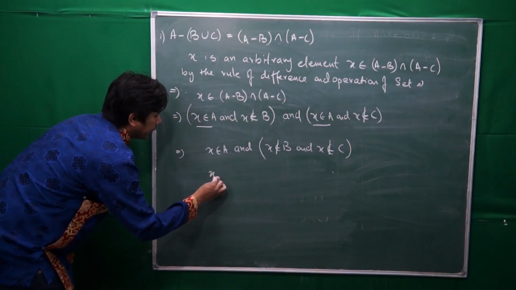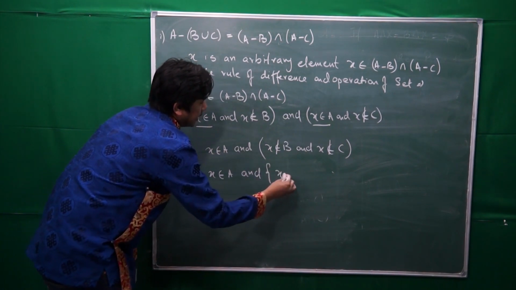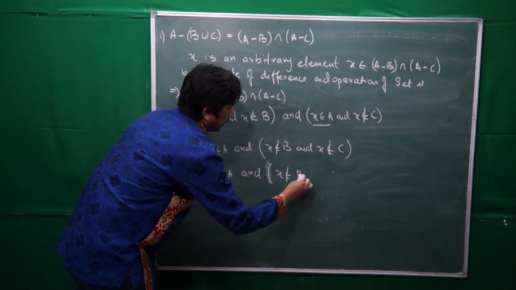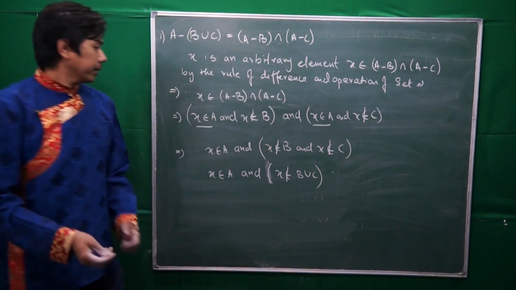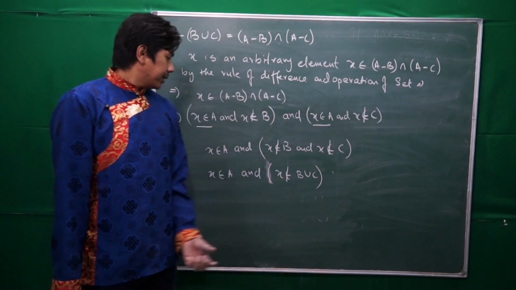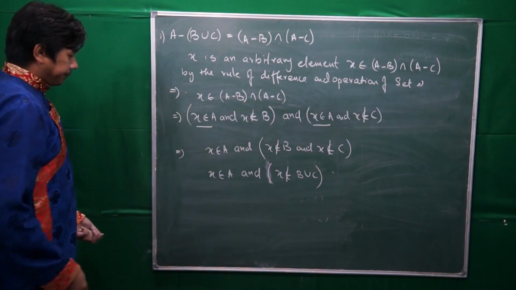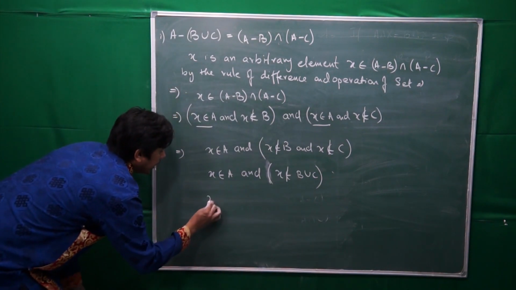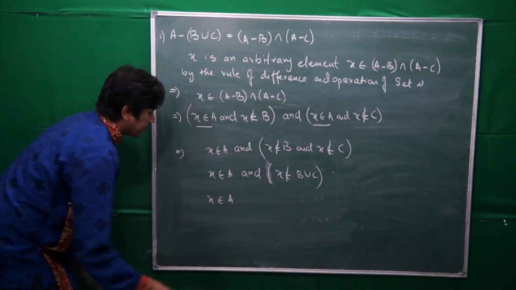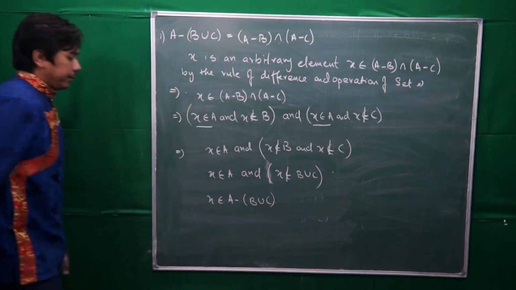Okay. So how do you combine it? X belongs to A and X does not belong to B union C. I'll take these two sets B and C together since X does not belong to both of them. Okay. So that being said, we can write X belongs to A but it does not belong to B union C, that is, A minus B union C.